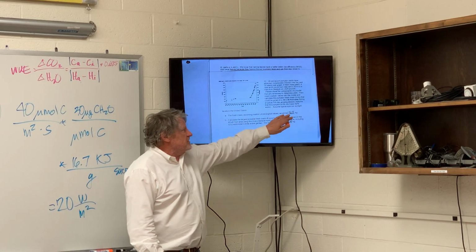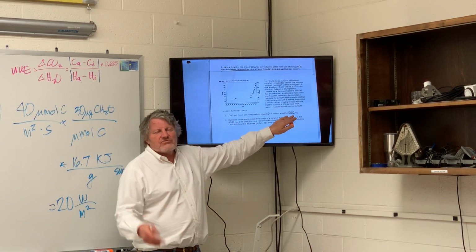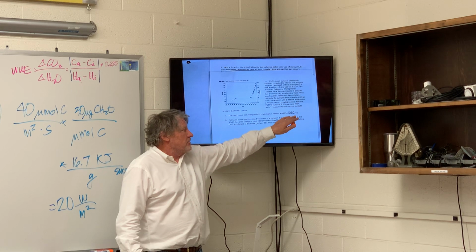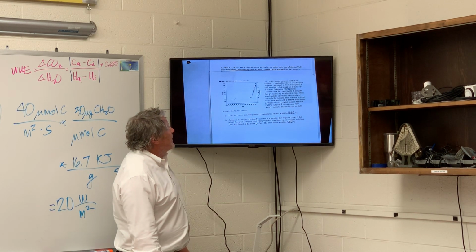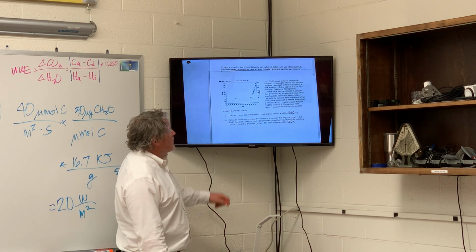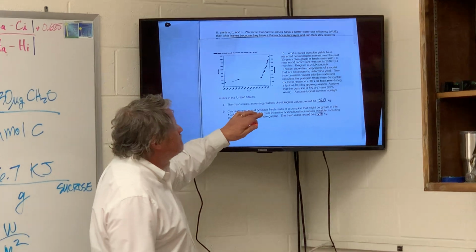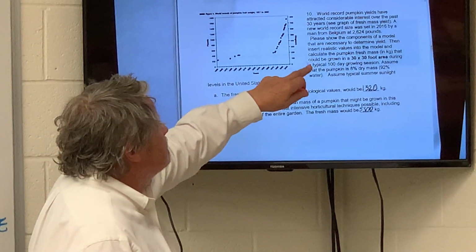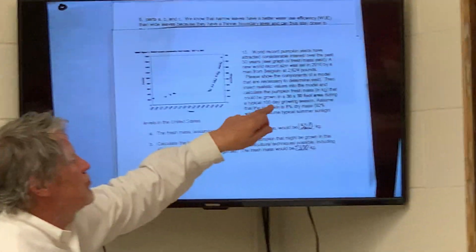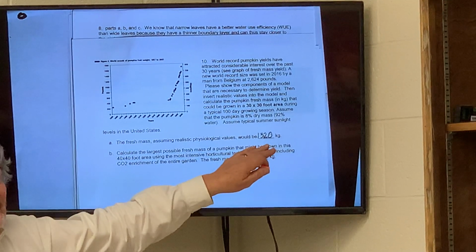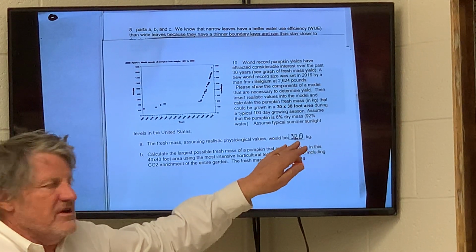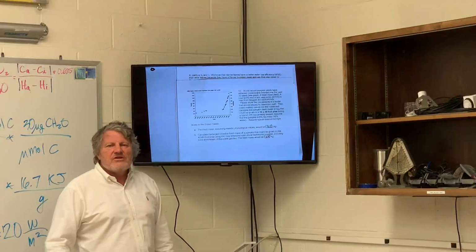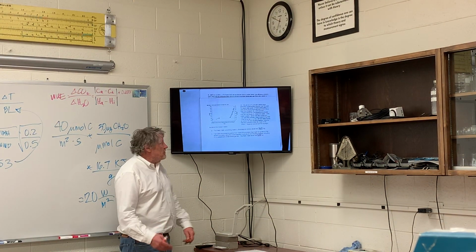But using realistic values, you should get a number somewhat over 1,000 kilograms for the whole summer that he had time to grow this. A typical 100-day growing season. This number is written to 3 significant figures, but somewhere between 1,000 and 1,500 is typical.